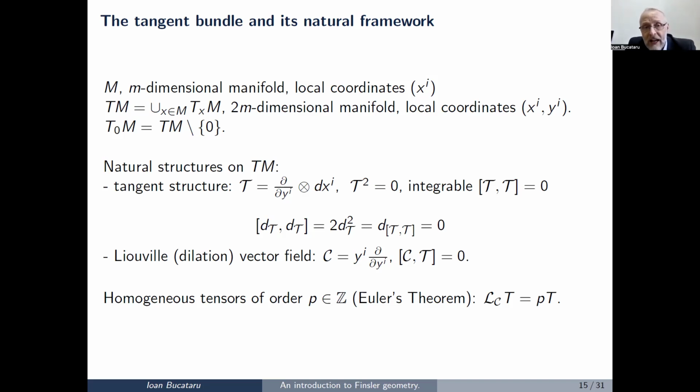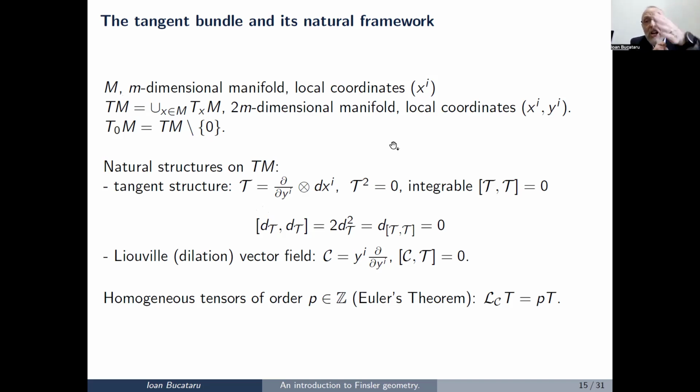Okay, on this tangent bundle, there are two important structures that I will use. The tangent structure, that I called here by calligraphic T or tau. If you look, as I said here, the tangent bundle, you can view it as a foliated manifold with tangent spaces that are leaves.